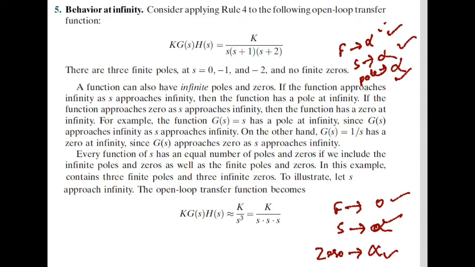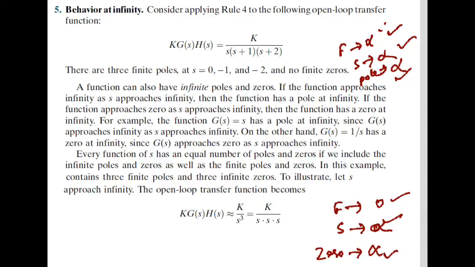From the previous example, if we put s equals infinity, the function would be equal to 0. The whole function would be equal to 0 when s equals infinity. So we have 3 poles and 3 zeros at infinity. This point is proved here.